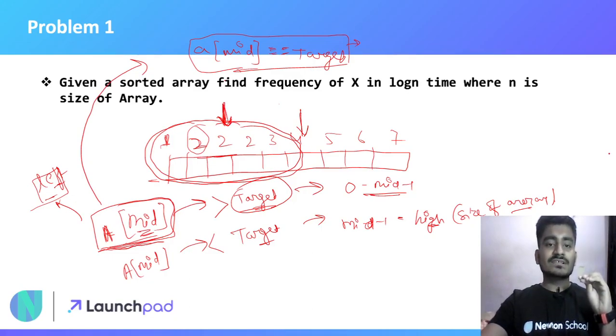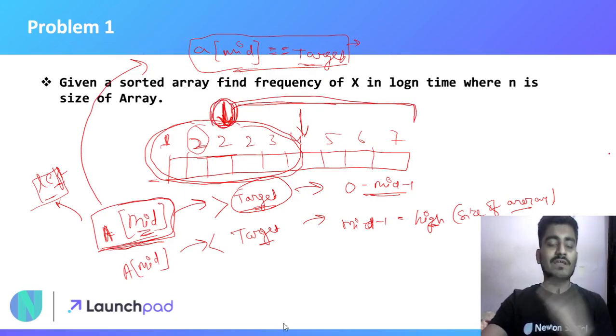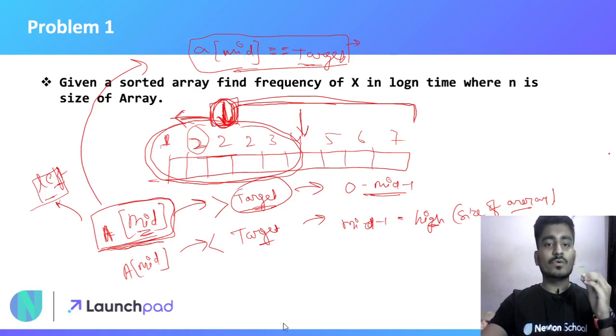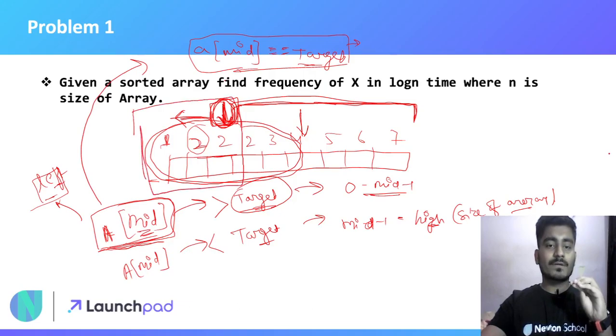Since this is your a mid and it is equal to target, obviously your left index will not occur in the right half of the array. Why? Because you already have this index as your leftmost one, so your left index cannot occur in this part of the array. So obviously you are going to search for your left index in the left part of the array.